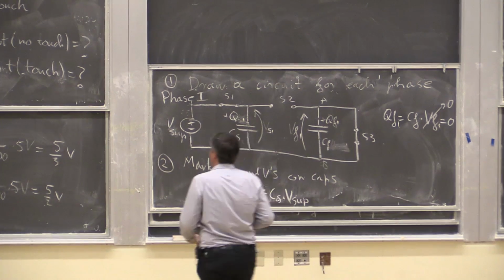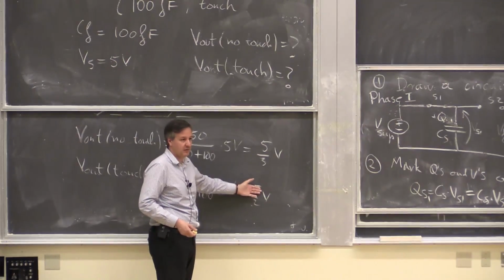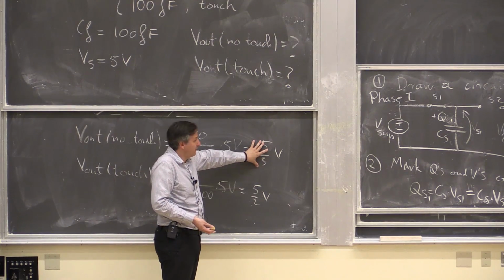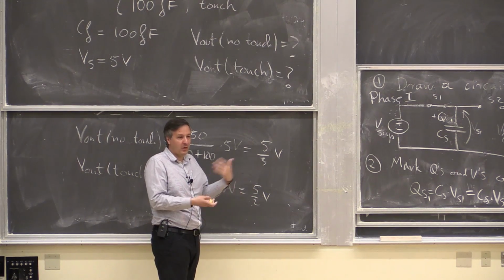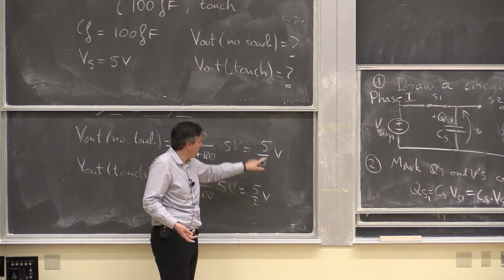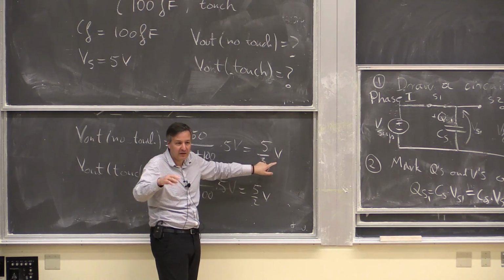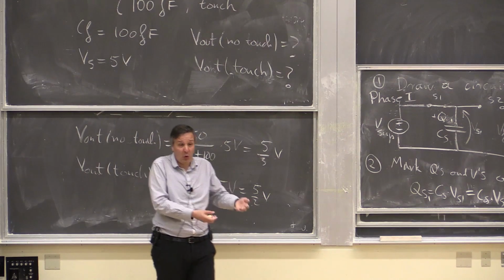Okay, so the purpose is basically distinguishing between these two states. In a no-touch state, we got 5/3 of a volt. In a touch state, we got 2.5 volts. All I want to know is whether a finger is there or not. I don't care whether this was 5/3 plus a little millivolt here and there, because in real systems there's noise and stuff like that.